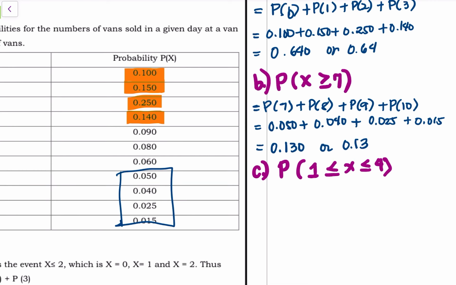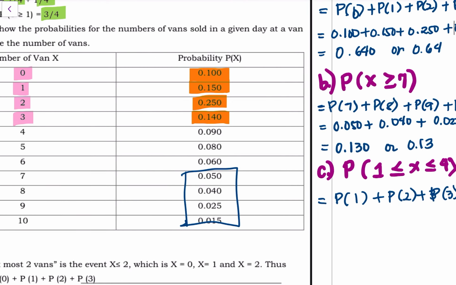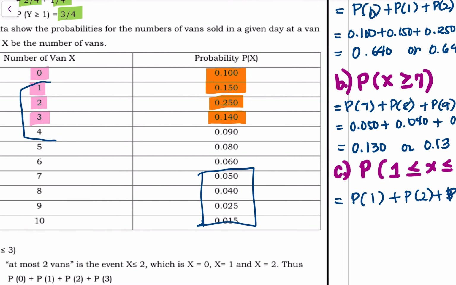Ano ba yung mga yon? So, we have P of 1 plus P of 2 plus P of 3 plus P of 4. Okay, yan lang naman yung mga numbers from 1 to 4 na meron tayo dito. So, 1, 2, 3, and 4. And ito yung kanyang corresponding probabilities. We need to compute for it.